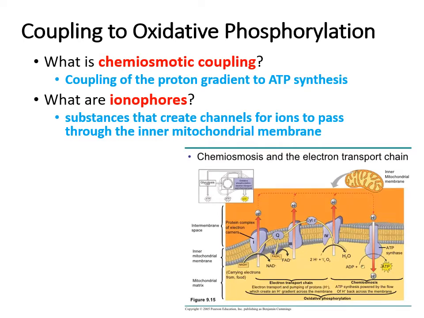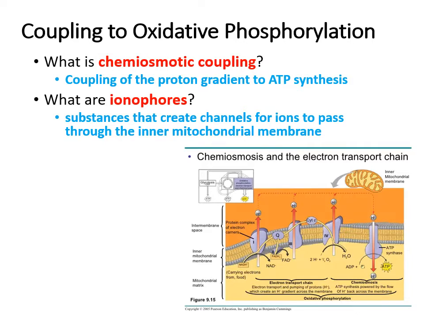So now whenever you hear oxidative phosphorylation, you'll hear what's called chemiosmotic coupling. That's basically how you're really making all of that ATP with the processes that we're talking about here, because chemiosmotic coupling is coupling the proton gradient that we were mentioning before to ATP synthesis.